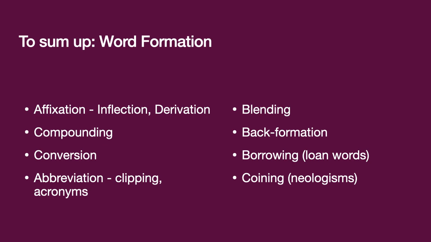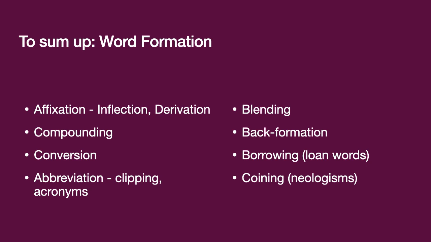Thus, to sum up the contents of this particular video lesson, we have many methods of word formation in English, and these are some of the most important methods. The first one is affixation, and affixation is of two types, inflection and derivation. Then there is compounding, where you don't add an affix to a stem, you rather add two or more stems together.